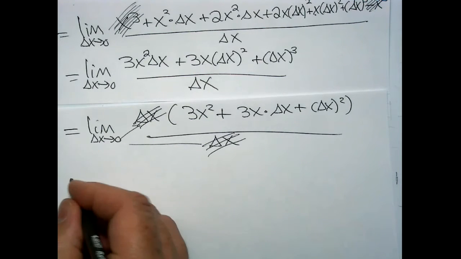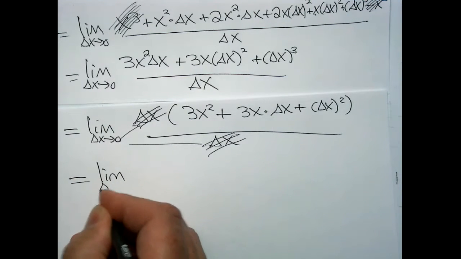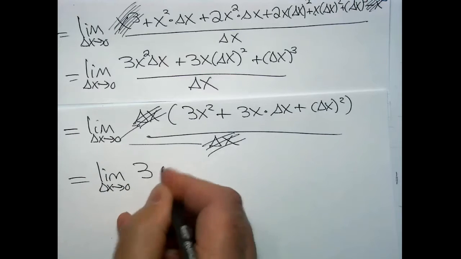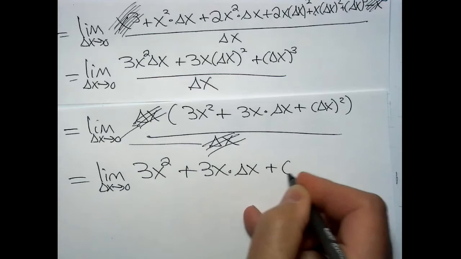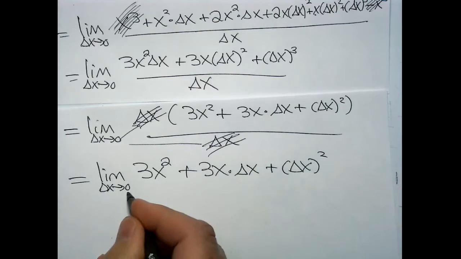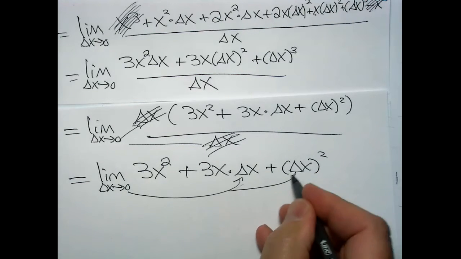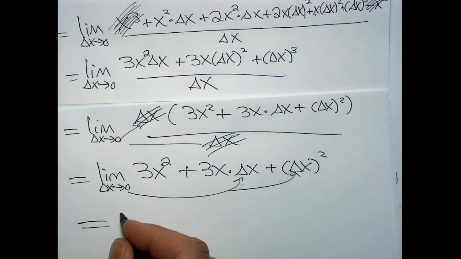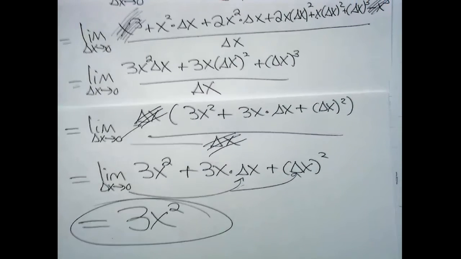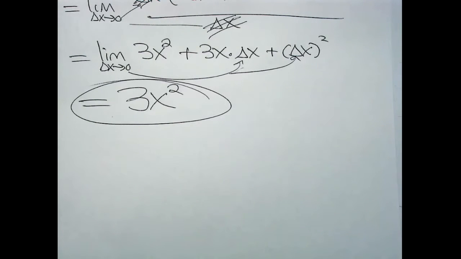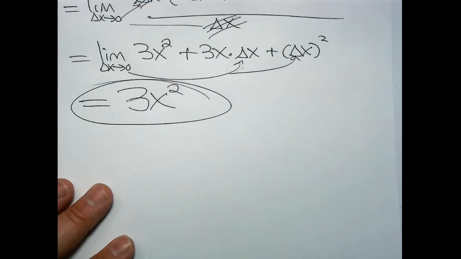And now it's gone. The final limit we need to execute, we can use direct substitution and expect to get a result. And this is what you're going to get. Delta x goes to 0 here, and you get the limit is 3x squared. All right, I really used the limit method on that, and we got ourselves a result.